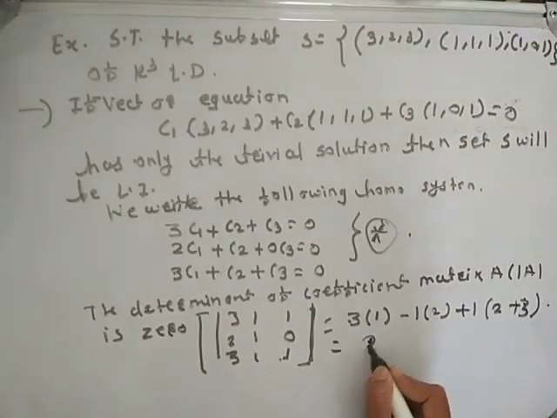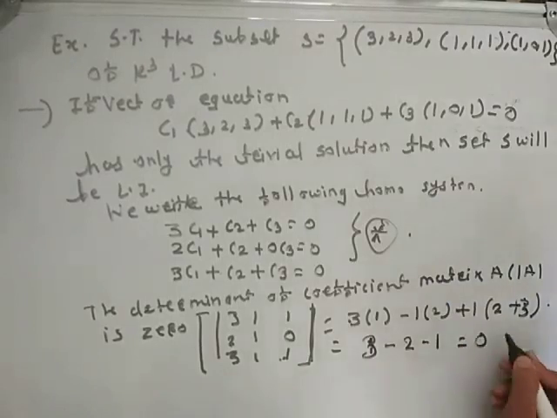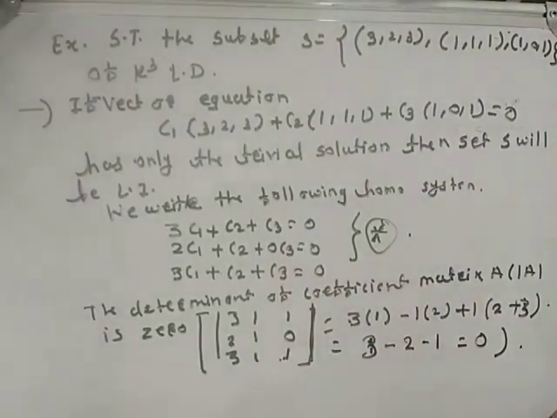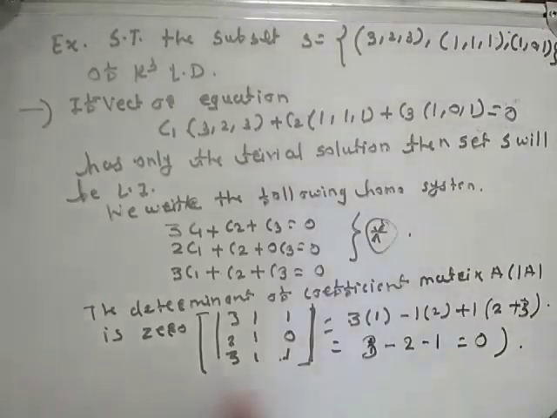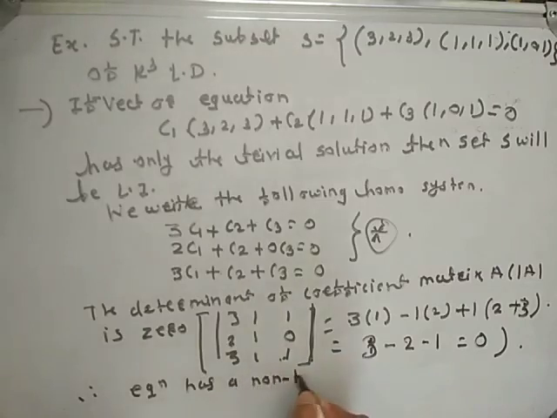So we get 3 minus 2 minus 1, which is 0. So the determinant of this matrix A is 0. Therefore, equation star has a non-trivial solution.